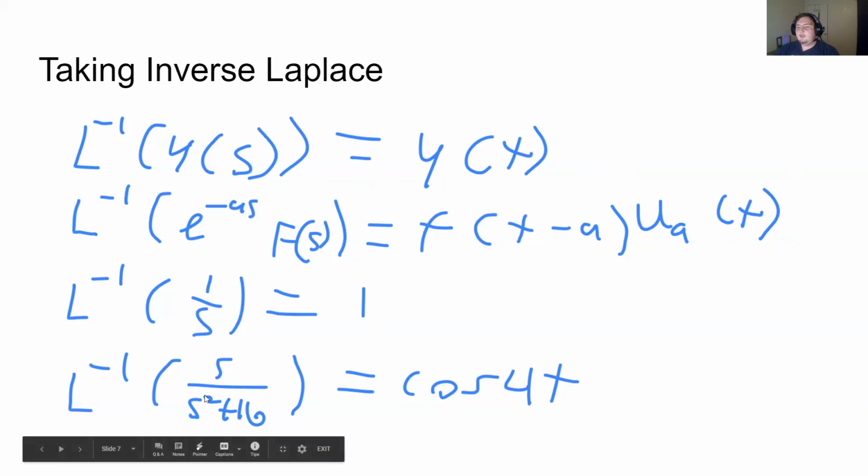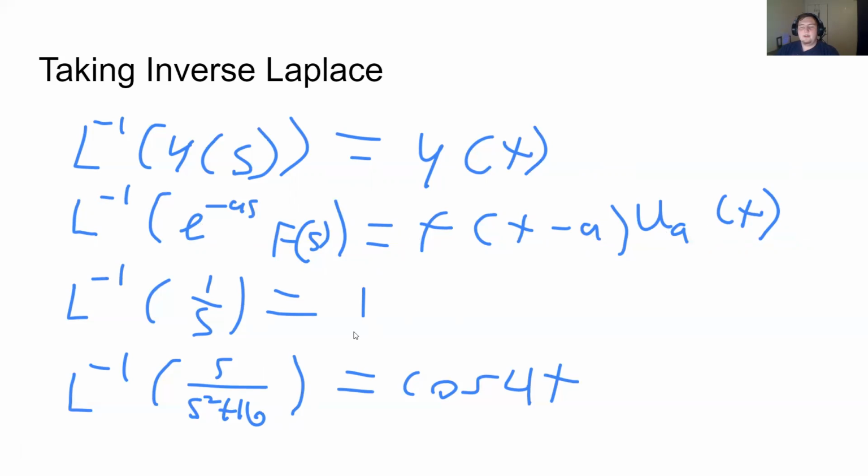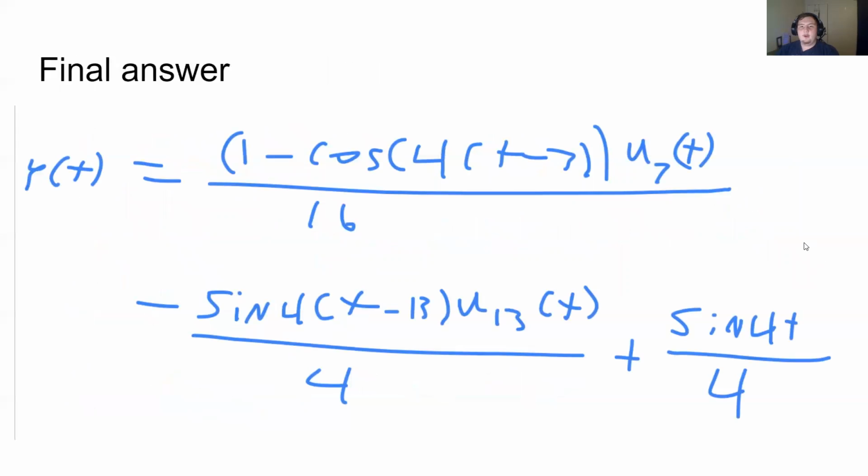And then finally, s over s squared plus 16 just becomes cosine of 4t, and we have that in a few different places in our equation. So we just perform these inverse Laplace transforms across our equation, and then we can stitch the equation back together, and we get it in the form y of t equals.